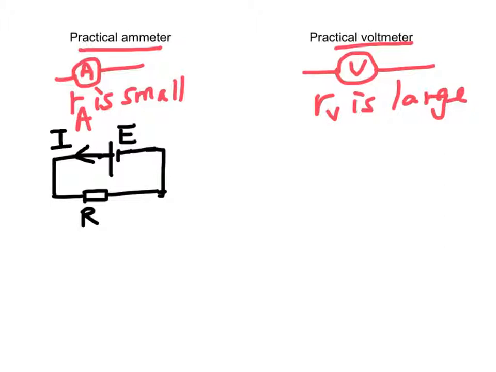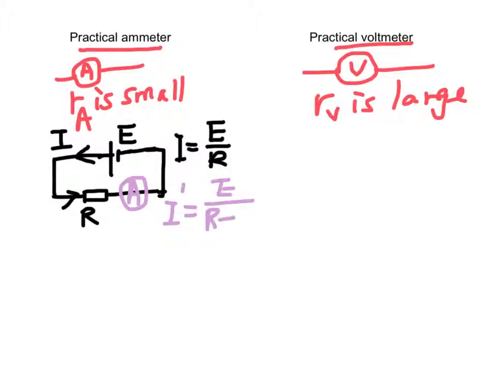the current passing through the resistor R is I equal to E over R. If we put a practical ammeter in series with R to measure the current, then the current read by the ammeter will be equal to E over the resistance of the resistor R plus the internal resistance of the ammeter.